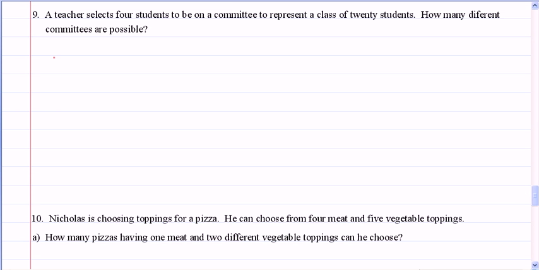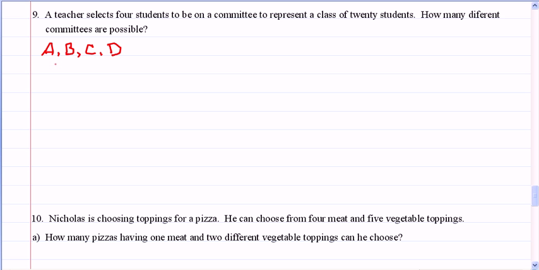For number 9, a teacher selects 4 students to be on a committee to represent a class of 20 students. How many different committees are possible? So if we had 20 people, and we want these 4 people to be on the committee, person A, person B, person C, and person D. It doesn't matter the order that I choose these 4 people in.